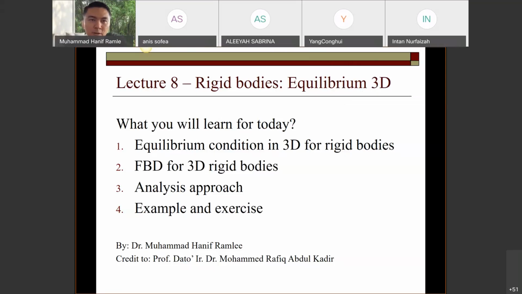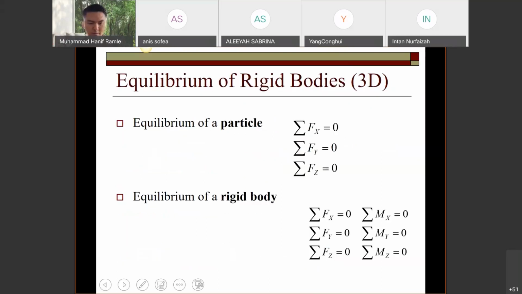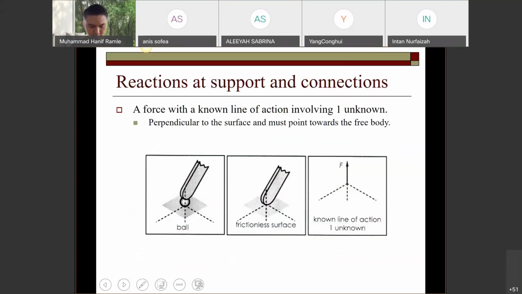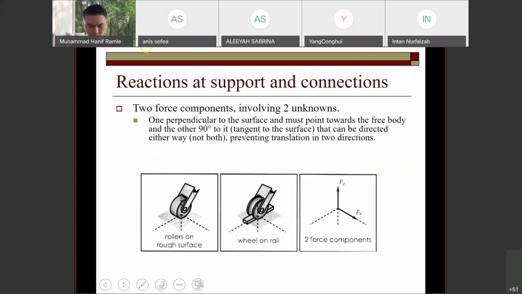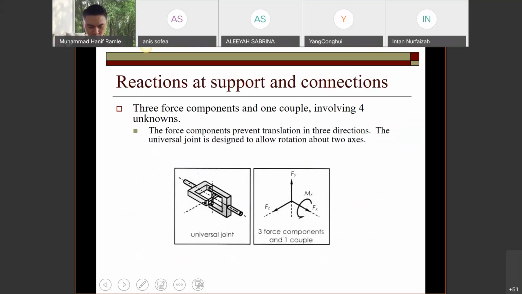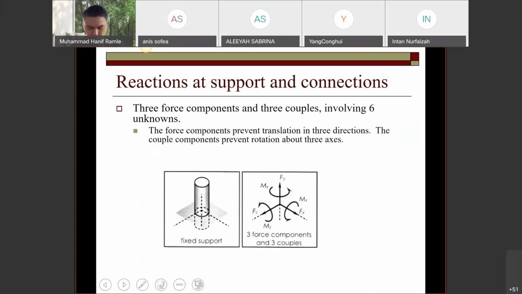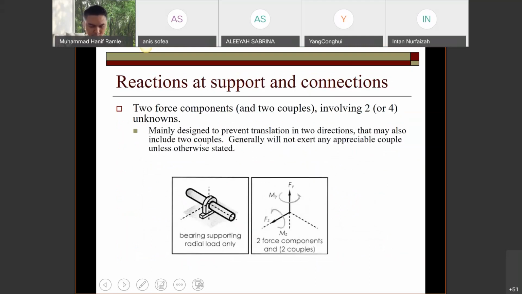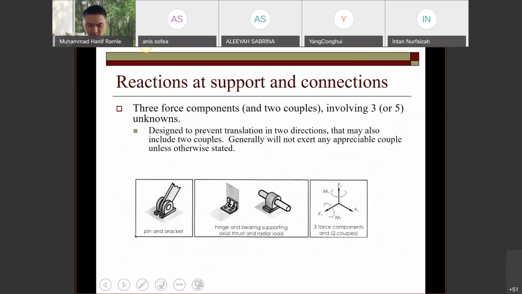Before we go to the example of this lecture, is there any question from you regarding this equilibrium 3D? Any question? Regarding the reaction, 1 unknown, 2 unknowns, 3 unknowns, 4 unknowns, 6 unknowns, 4 unknowns, 5 unknowns.